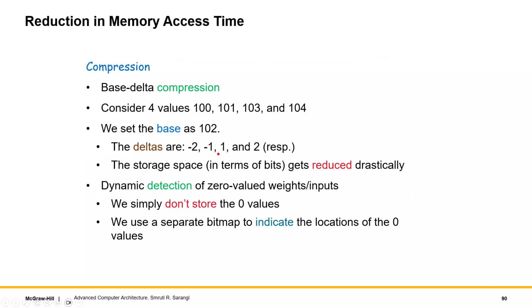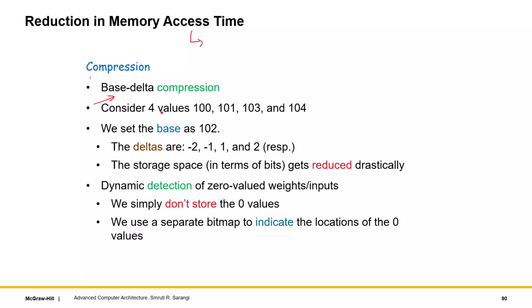So let's now look at methods to reduce the memory access time. Many approaches that reduce the memory access time also end up reducing the memory footprint, right? So kind of similar schemes. Let's look at a very basic compression scheme called base delta compression.